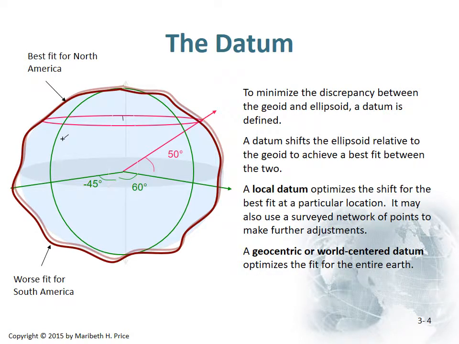Okay, and so we've got the mathematical representation of the planet, not as a sphere, but as an ellipsoid. We've got gravity measurements, so we know something about how the Earth's surface bulges and how it sets back a little bit from a sphere. And that we can pull together in something we call a datum.